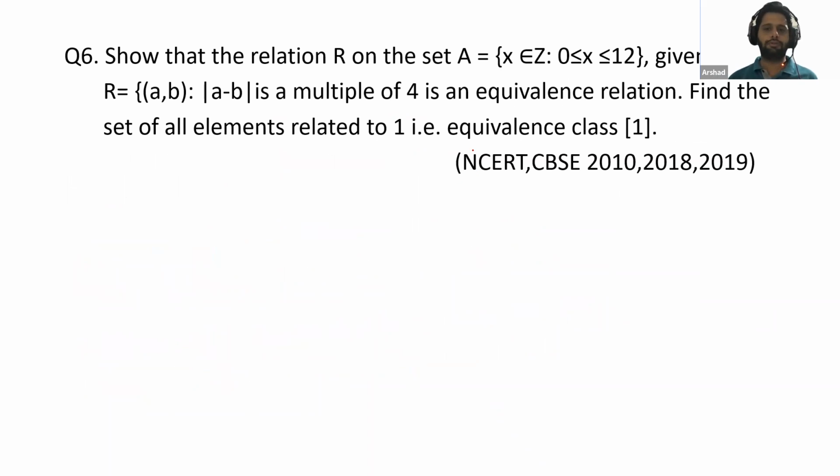Okay, Huzefa, very good. Now this is the next question. This is a very important question. You can see that this question came three times in CBSE, in 2010, then 2018 and 2019, and this question is also there in your NCERT. First of all, we need to show that this relation R on the set A is given by this set A. Can anyone tell me the values of this set A?